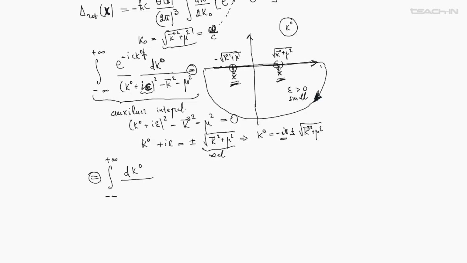And by the way, when going around this half circle, I have to take into account the direction of the integration in the Cauchy theorem. In the Cauchy theorem, the integration contour should be enclosed in such a way that the region enclosed by this contour must remain on the left.